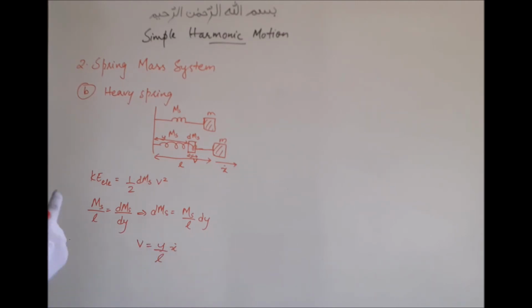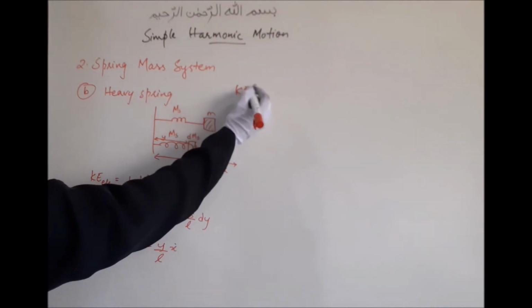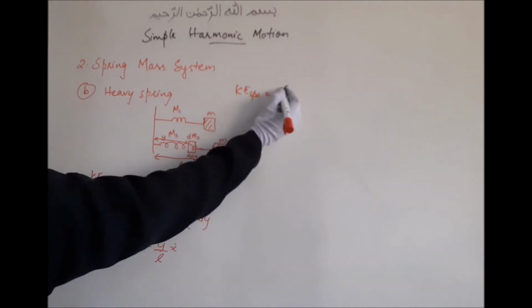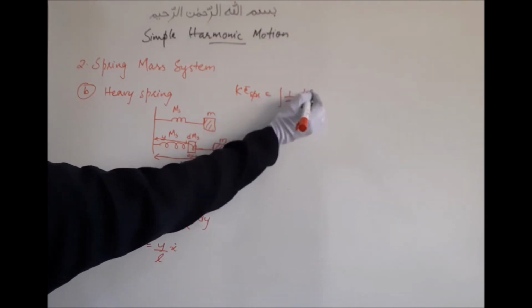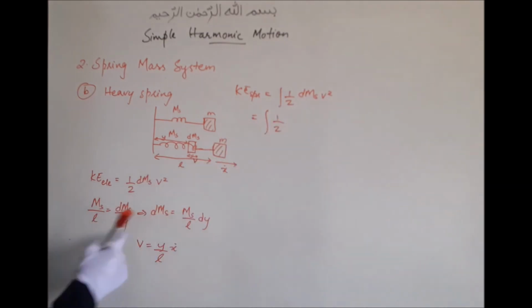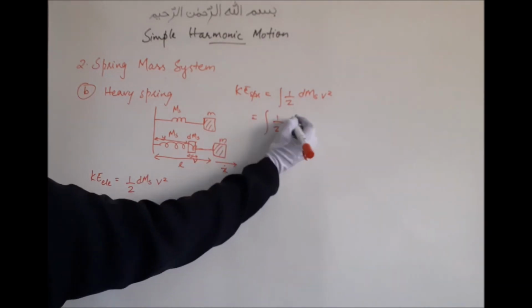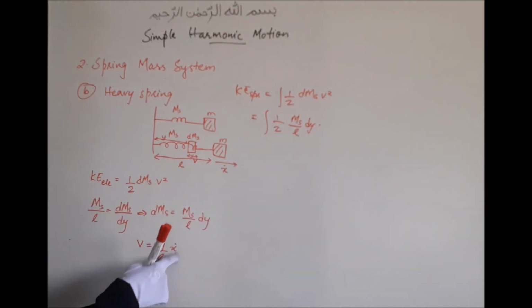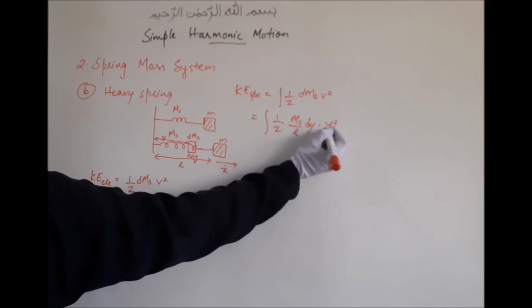Now we can find the kinetic energy of the spring. So the kinetic energy of the entire spring is going to be the integration of this term, half dms into v squared. Substitute the values. It will be half, dms is ms by L dy, into v squared which is y squared upon L squared into x dot squared.